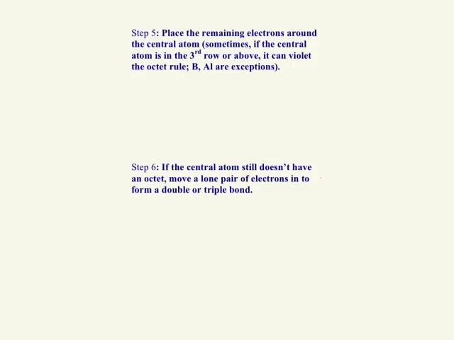So let me draw that structure here on this slide again. We were here, C, and this was the structure, and we have the problem here where carbon's octet is not complete. Step number 6 is, if the central atom still does not have an octet, move a lone pair of electrons in to form a double or triple bond.